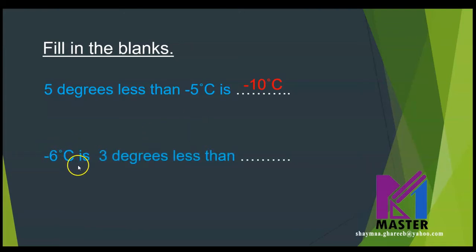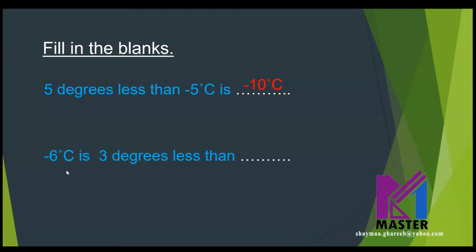Negative 6 Celsius degrees is 3 degrees less than what? Which means negative 6 is smaller than another temperature. And this temperature is bigger than the negative 6 by 3. So I'm going to count forward, starting from the negative 6.